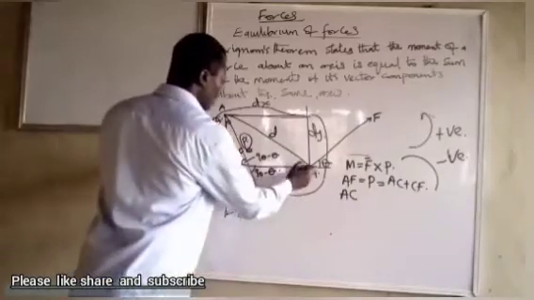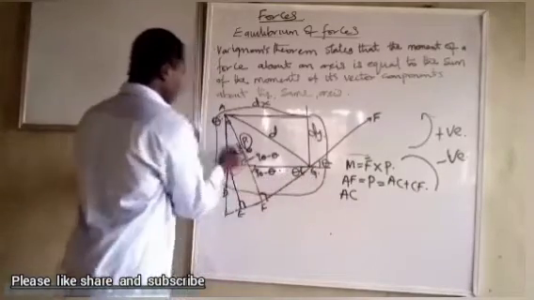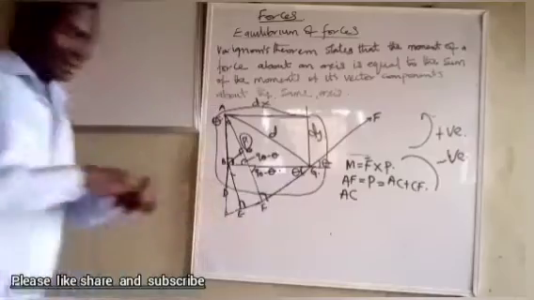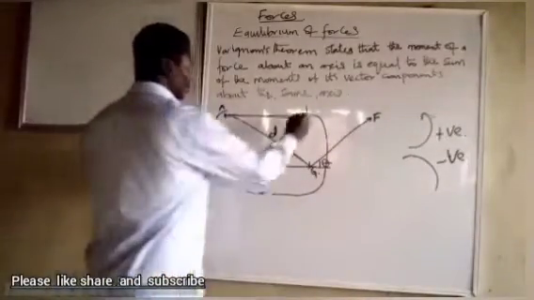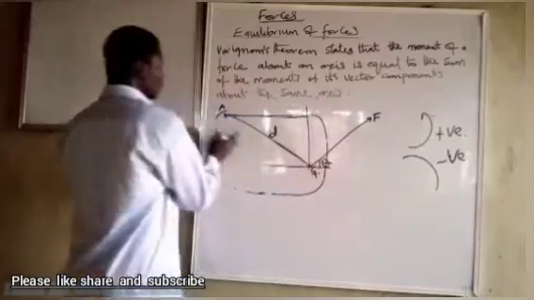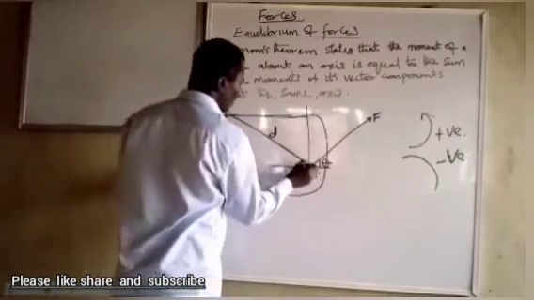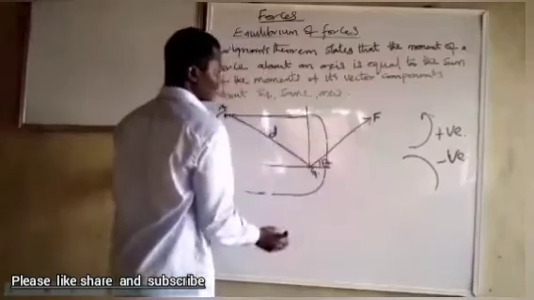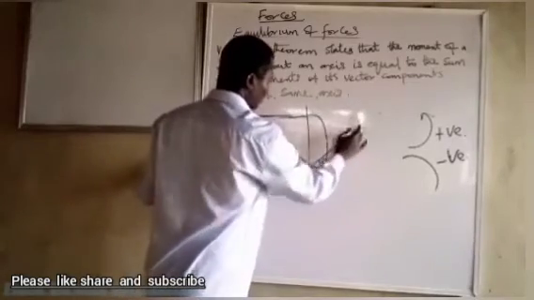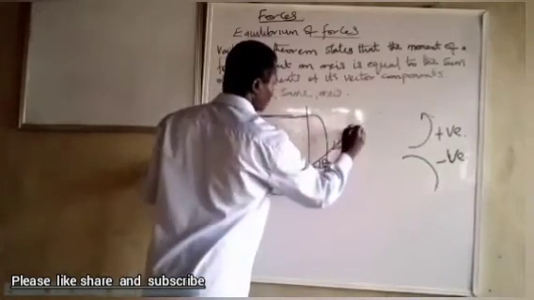From this, I go to this angle. And, okay, let me start again. Now, look at this. Let's look at the moments of F about A. F acts like this. Okay, let's make it act downward. F.